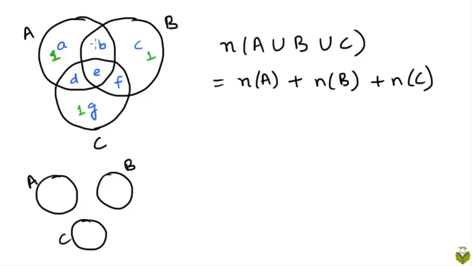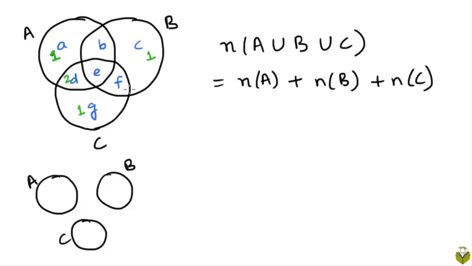But if we look at regions D, B and F, the elements in region D would have been counted two times. Once when we were adding the number of elements in A, and another time when we were adding the number of elements in C, because this region is common to A and C. So it would have been counted two times in this sum.